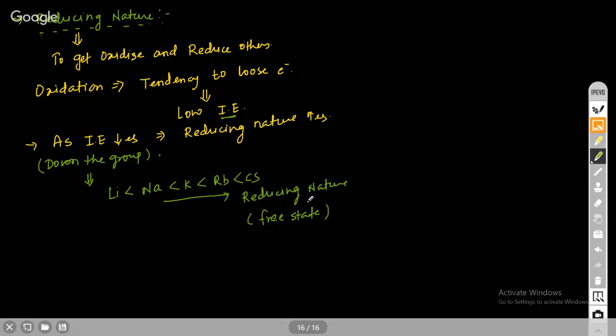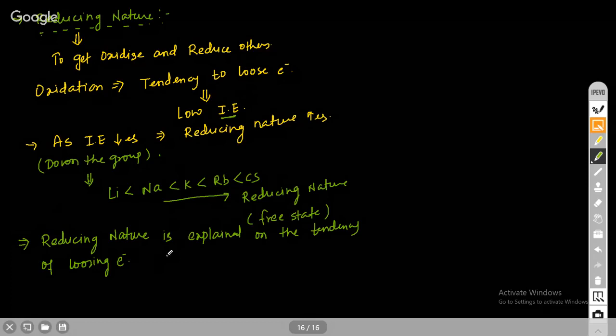But in case of solution, right? So first of all, one point you write down: reducing nature is explained on the tendency of losing electron in gaseous state, right?